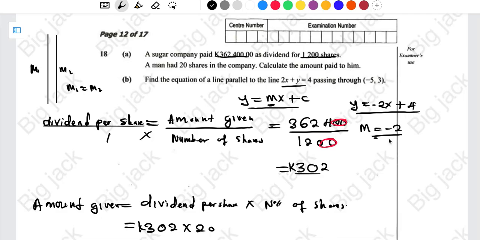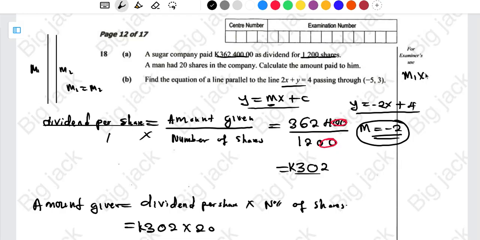Since the lines are parallel to each other, this gradient is going to be equal to the gradient of the line through these coordinates. But if the question said they are not parallel, you would have to find gradient number 2. How?